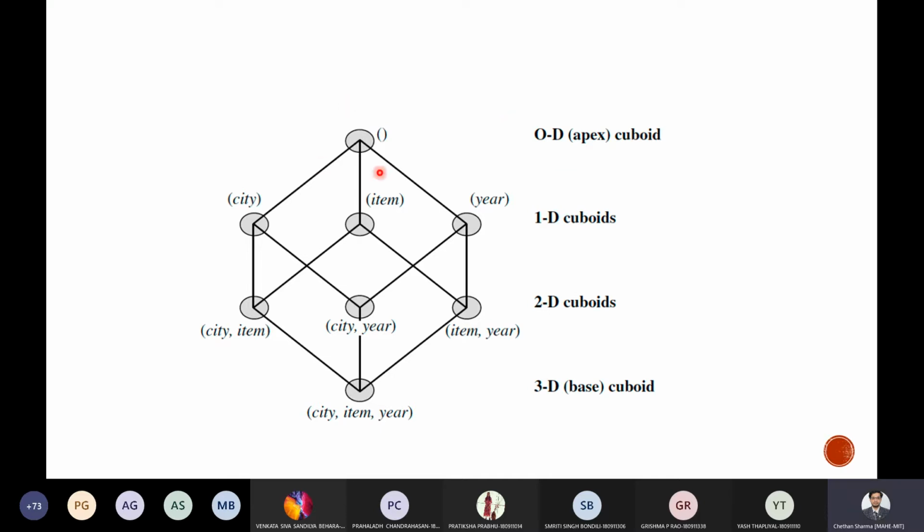What is the usual thing we write here for the apex cuboid? We had seen this in the last class. What is that word or keyword which you can mention here?